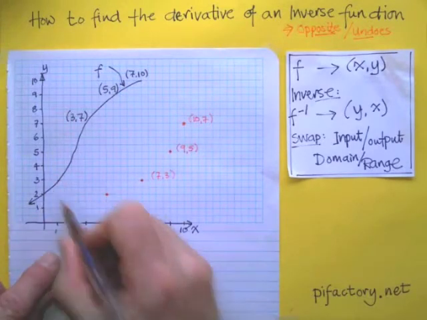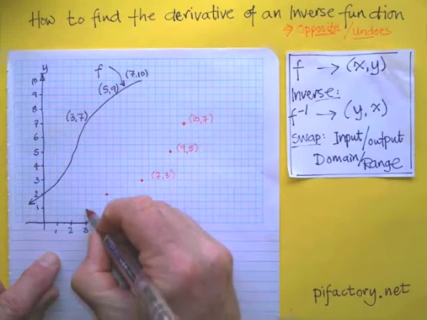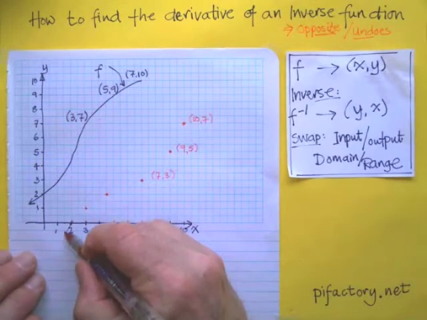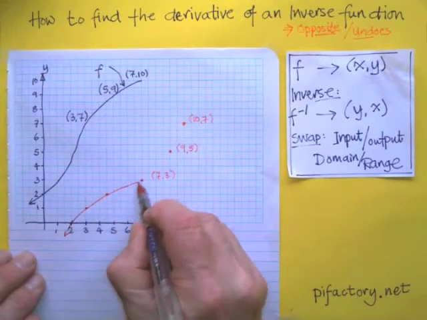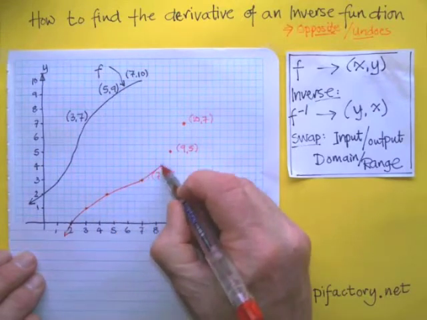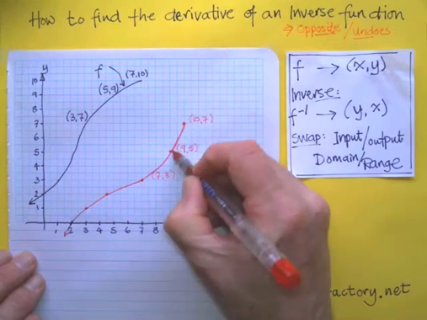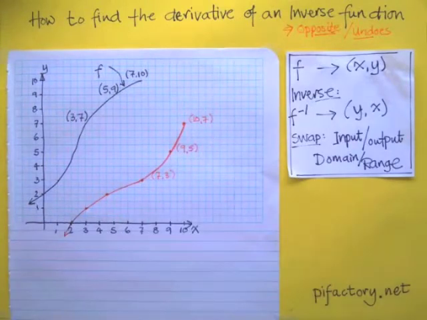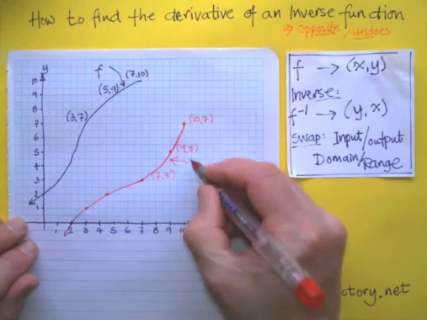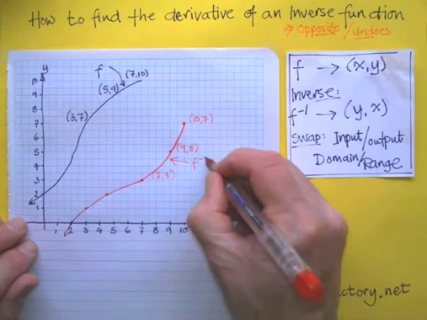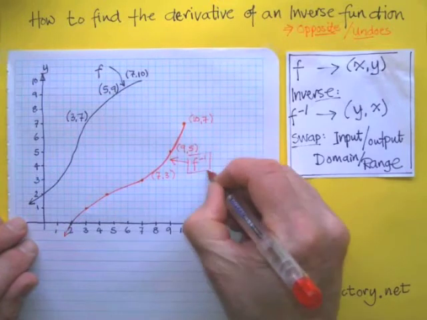That looks to be 1, 3, so it's going to be 3, 1. Nice curve through those points. So this we can label, this is our function inverse f.